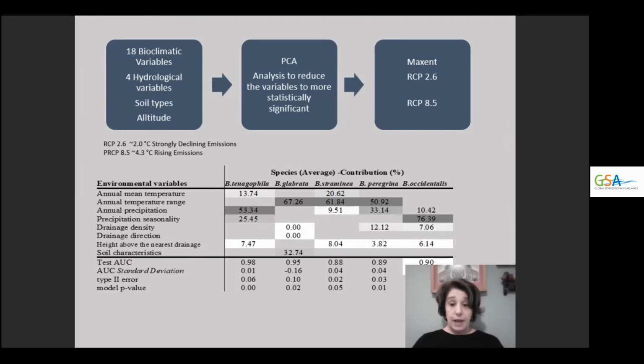I would not be able to explain in detail the methodological and statistical approaches we used here, but I want to show you the logical steps we used to have the maps, to have the actual and the future maps for Biomphalaria distribution. First of all, we grabbed bioclimatic variables, hydrological variables, soil types, and altitude from databases on the internet.